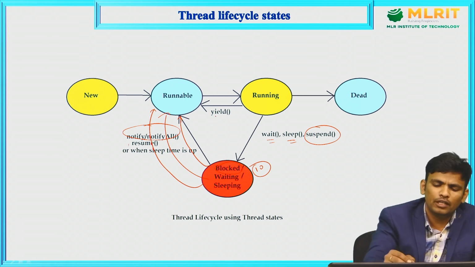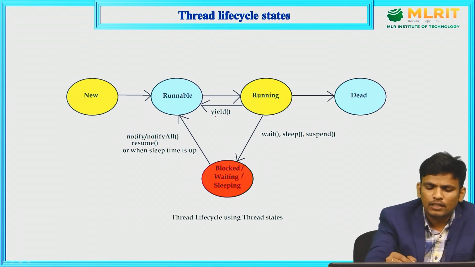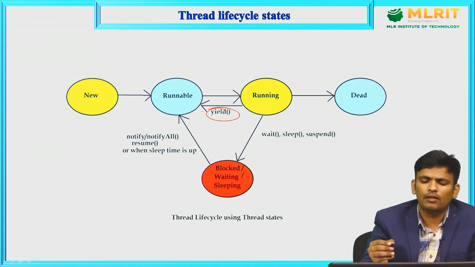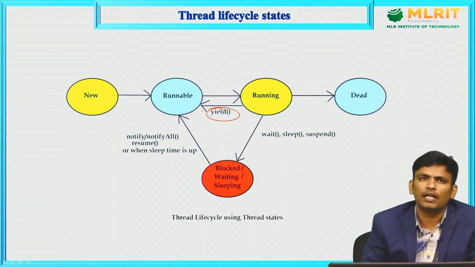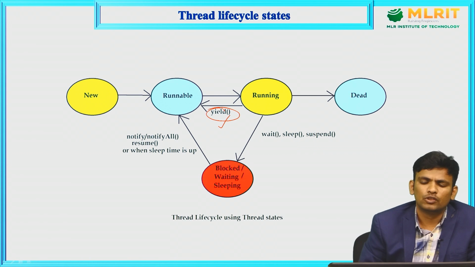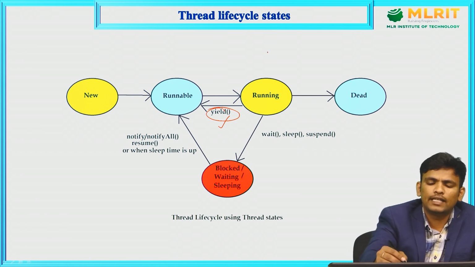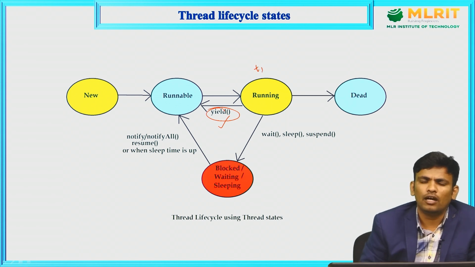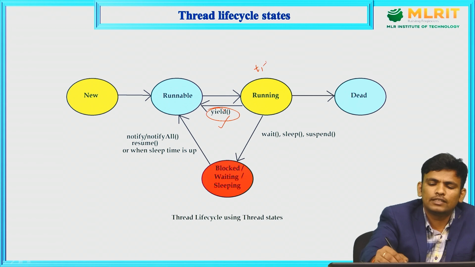One more method is there, that is the yield method. A thread goes from running to runnable if you apply the yield method. Suppose a thread is executing for a long period of time. Let us take an example: T1 is currently executing and takes, assume, 5 hours.